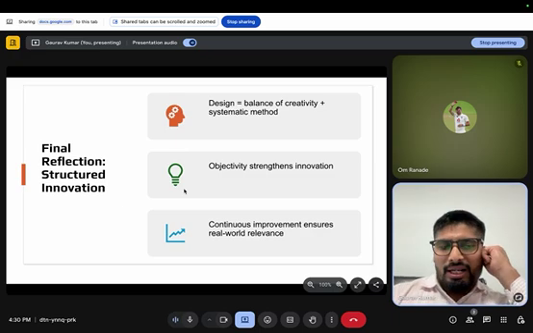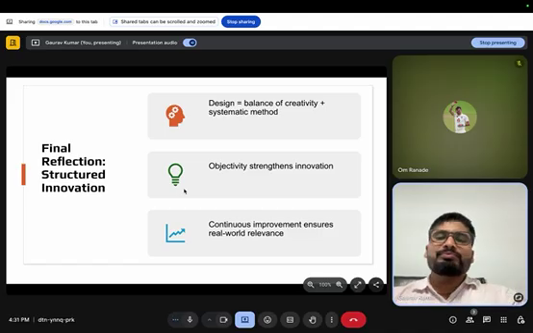Ultimately this week encapsulates the entire course philosophy. Disciplined creativity supported by rigorous evaluation leads to meaningful, human-centered and sustainable design outcomes.